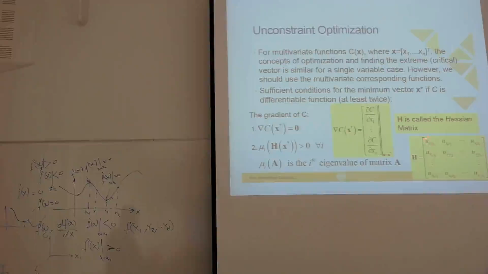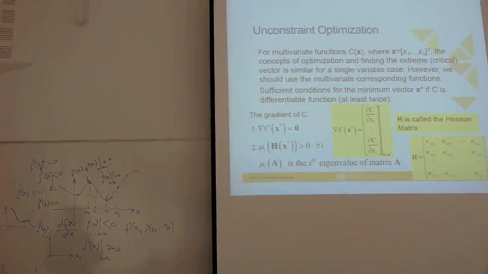Actually, this should be c, not u, but I will correct it in the slides. It is the cost function, and also the second derivative with respect to x2 and x1 and so on. So this matrix is called the Hessian matrix, and it gives us a representation of the second derivative of the multivariate function.